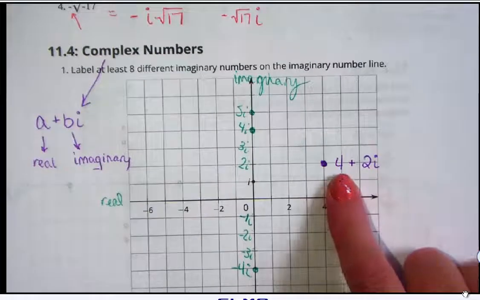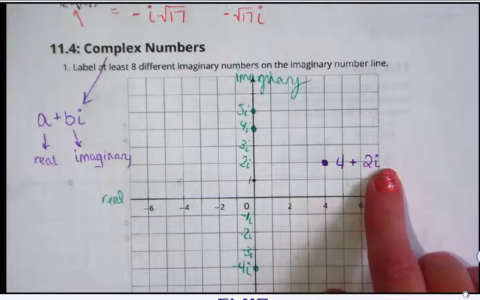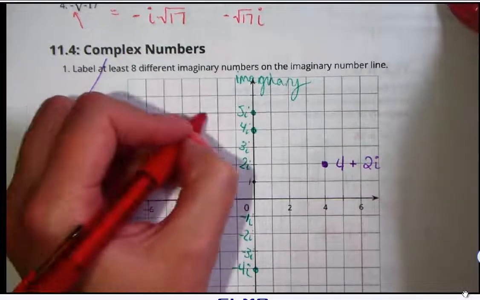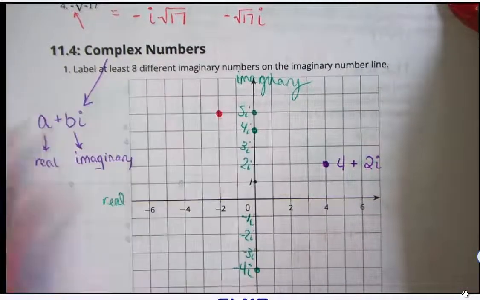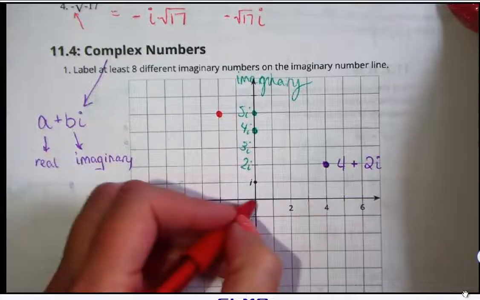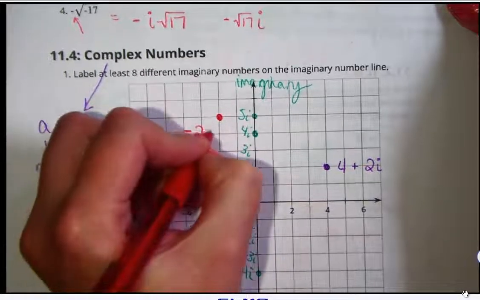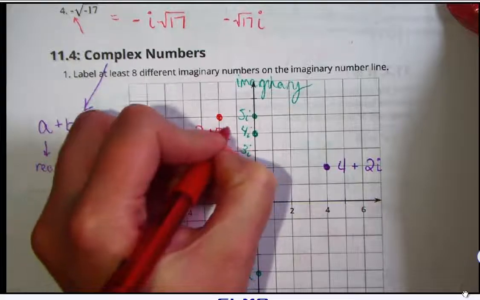So we start that here. A real part with an imaginary part. Maybe you're thinking, well, what about something like this? And we see the real part is a negative 2, and the imaginary part adds 5i.